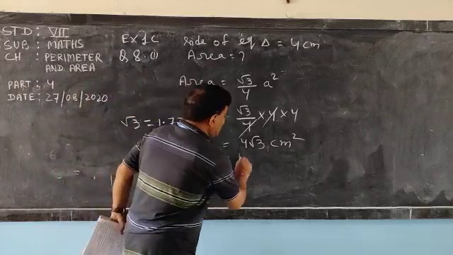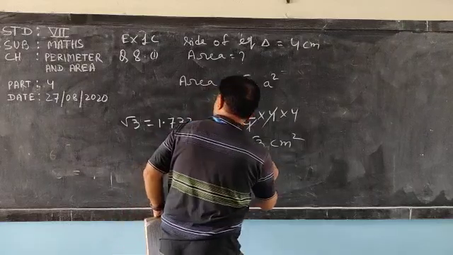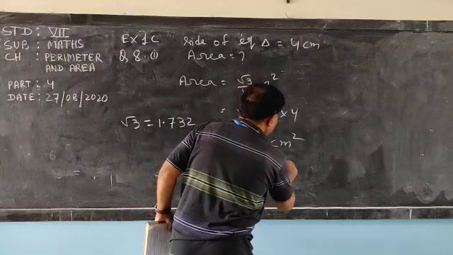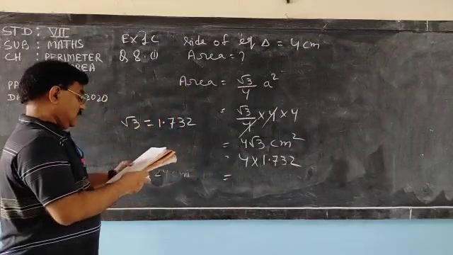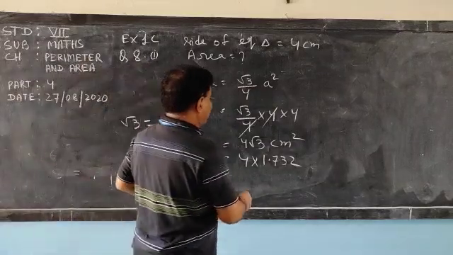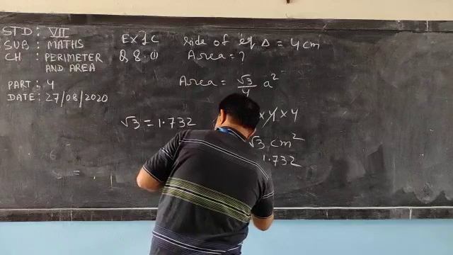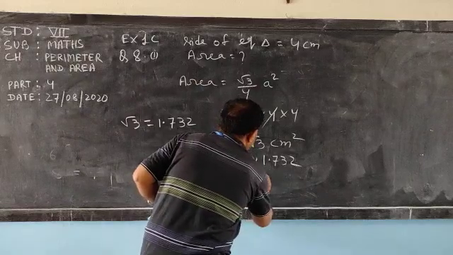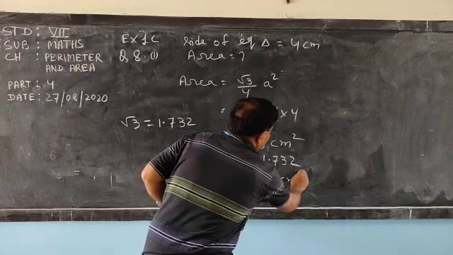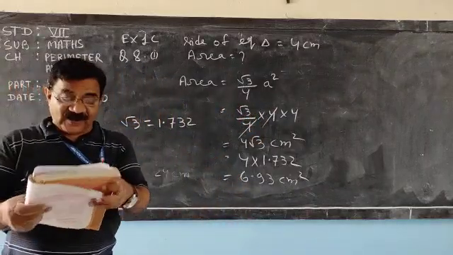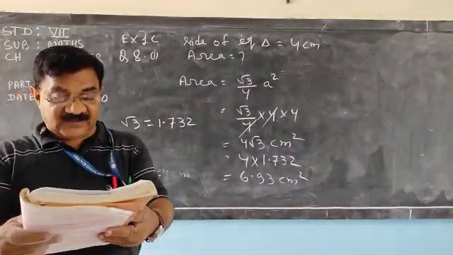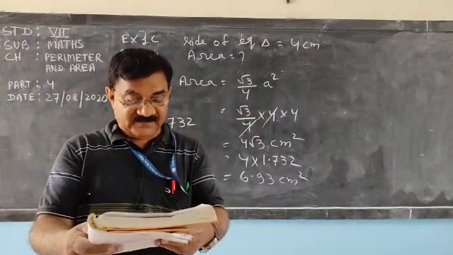Then multiply 4 into 1.732, and it will be equal to 6.93 centimeter square. So if we are asked to find the area of an equilateral triangle, we can find.